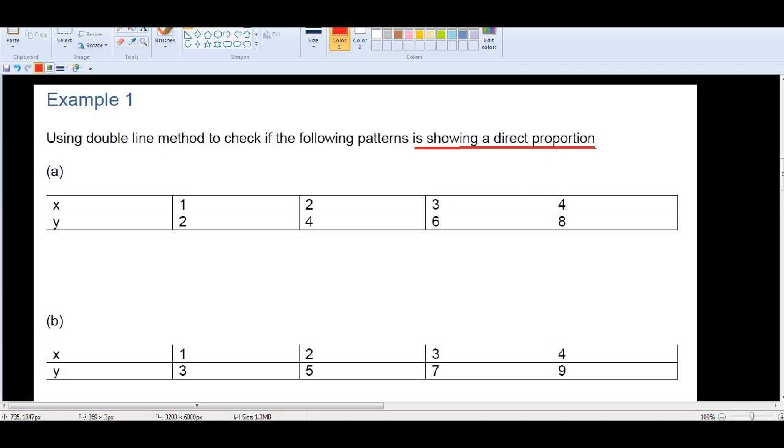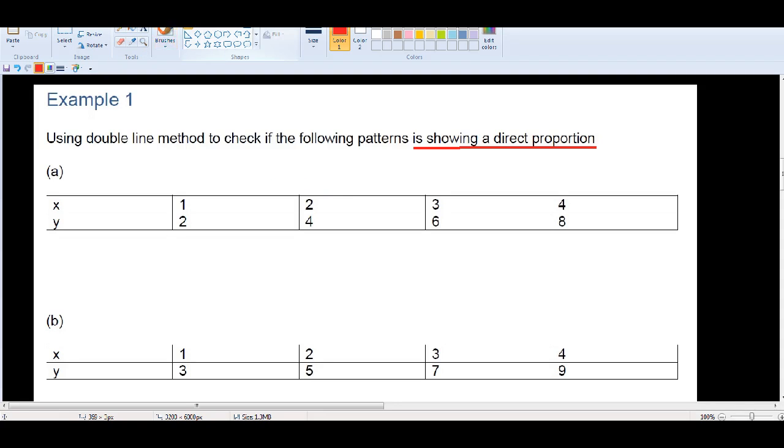I give you this example because later on we will have similar tables, but that time we are going to use a different approach to check whether the relation is a linear one. But before that, let us consolidate a little of what we have learned from the double line method.